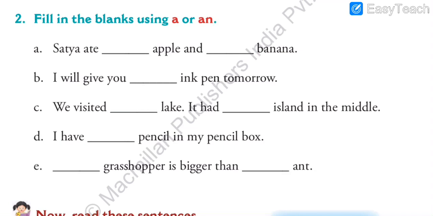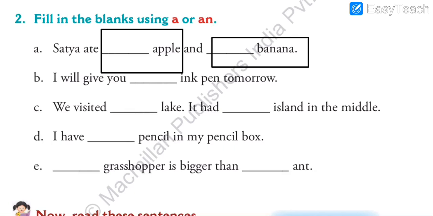Now this might seem confusing for you, but you just need to carefully look at the word which is after the blank, right? Here the word after the blank is apple, and here is banana, right? Just ignore Satya and this conjunction and, because if you want to fill the blank, you have to just observe the word which is next to the blank, right? Not before the blank.